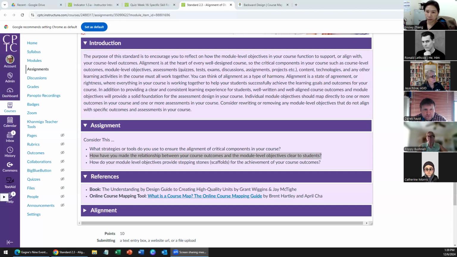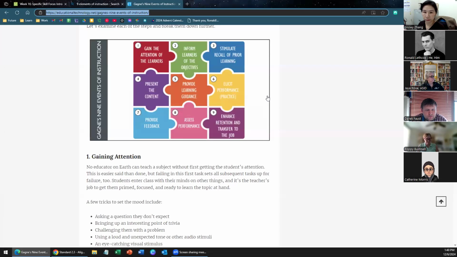Yeah, that's a great example, especially since you have the assumption that it's not that important, but then directly from the students saying that that's what they want to see. They want to know what's going on. So I'm going to put a link into the chat to something called Gagne's 9 events of instruction. It's something that I talked about in the generative AI course.